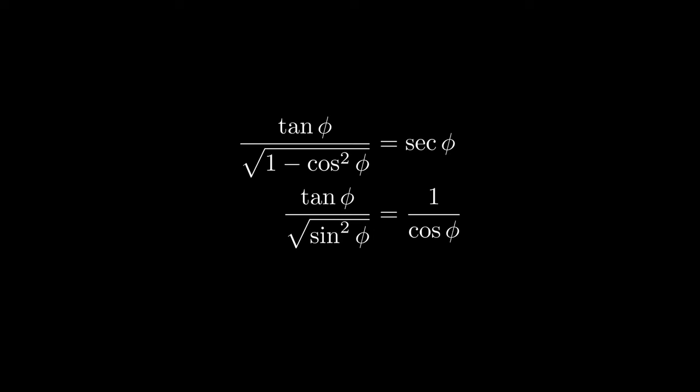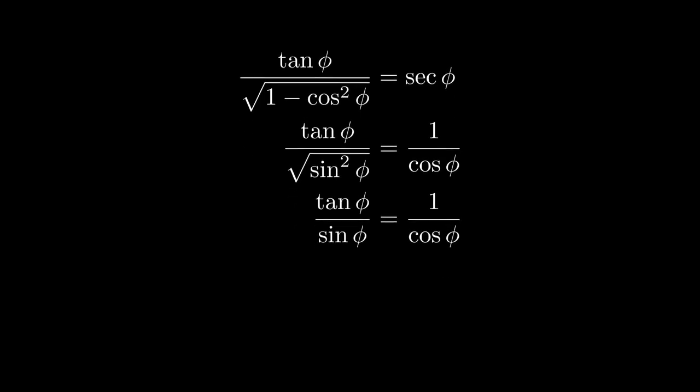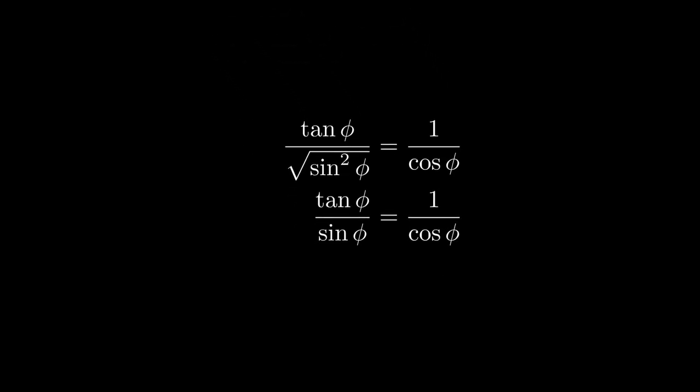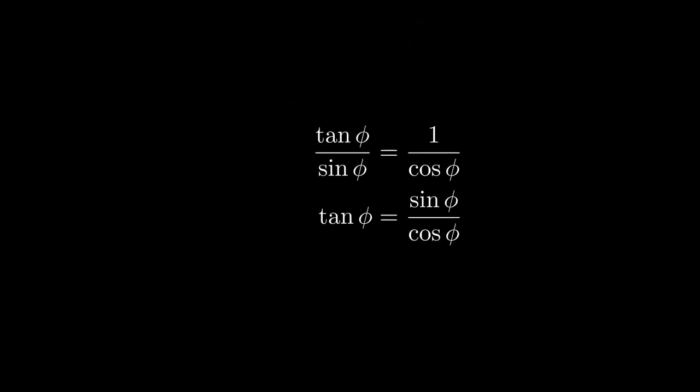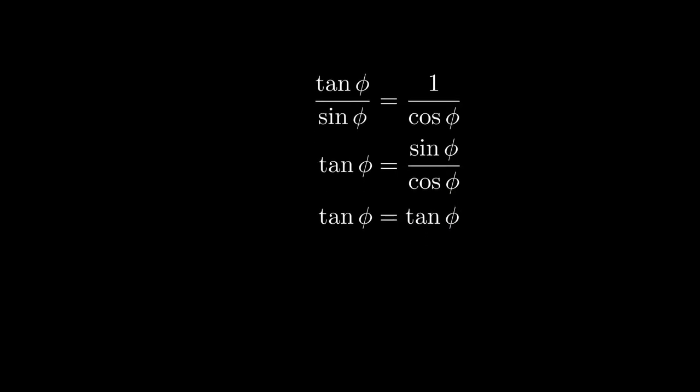And then we're going to have the square root of sine squared, so that's nice. And it's looking already pretty good, I think. Remember, we want to show that the left-hand side is equal to the right-hand side. What I'll do here is multiply each side by sine. And then, pretty obvious, that we have tangent theta, tangent phi on both sides. So that's done.